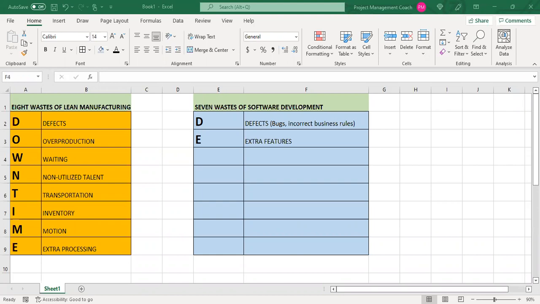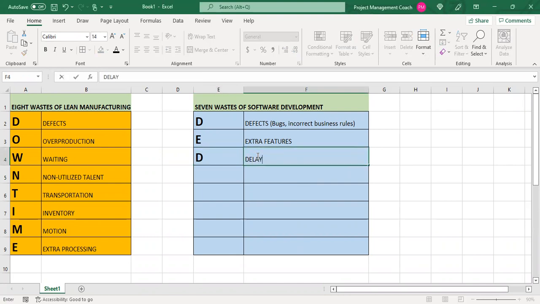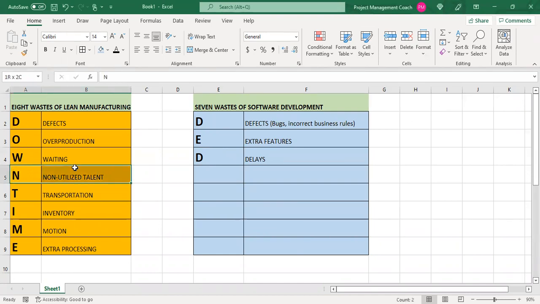All right, next we have waiting. And waiting in this world of software, we'll just refer to as delays. And delays just means waiting for something. Whatever that thing might be, it's a form of waste. Next, we have non-utilized talent, the 8th one.